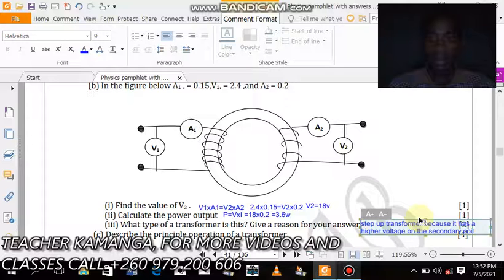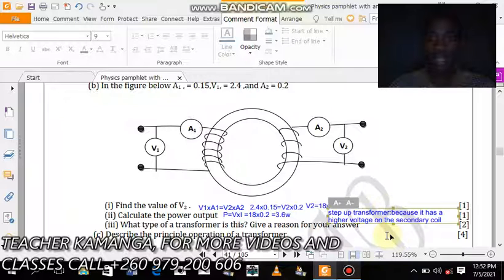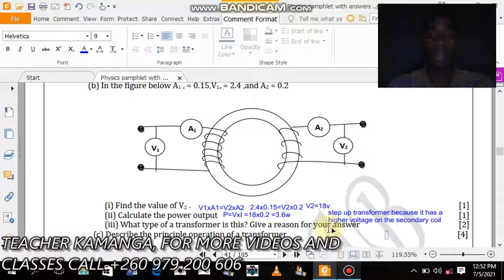So that is probably our answer. So just lift the explanation here so that you can see it more clearly. The step up transformer, because it has higher voltage on the secondary coil. So that is our answer.